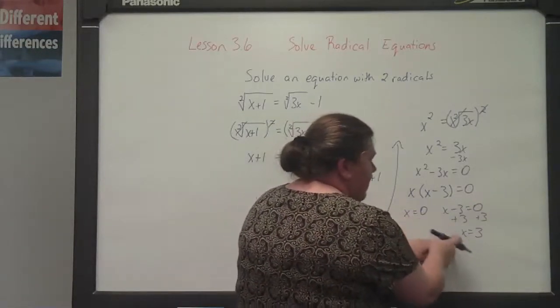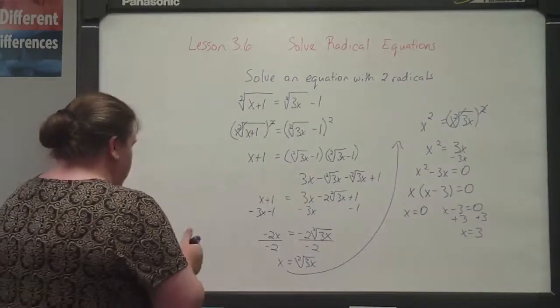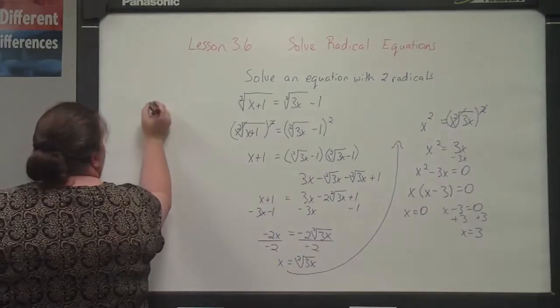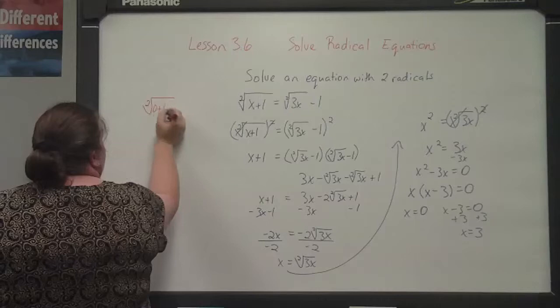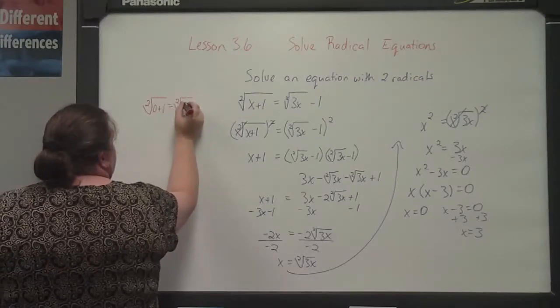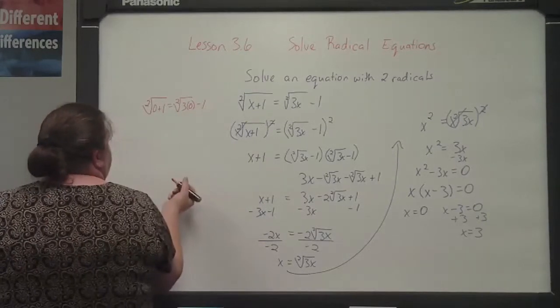I got x equals 0 and x equals 3. We need to go ahead and put that back in to check our work. And so I'm going to go ahead and say the square root of 0 plus 1 equal to the square root of 3 times 0 minus 1.